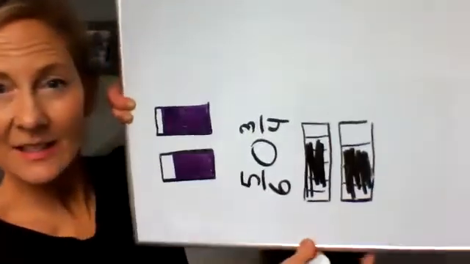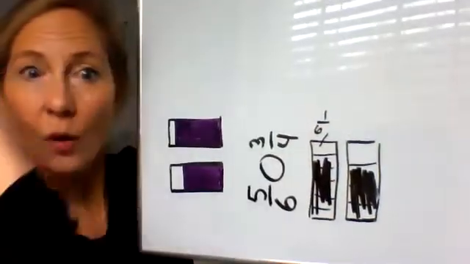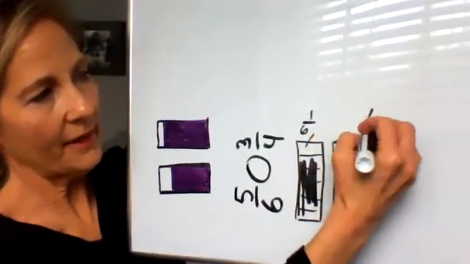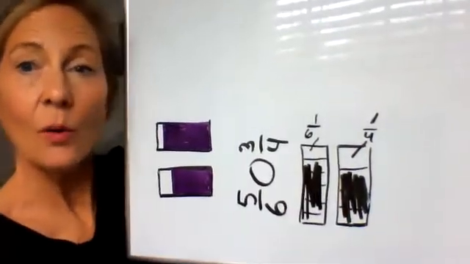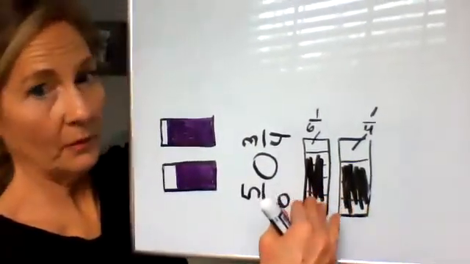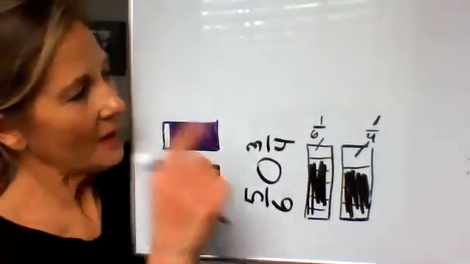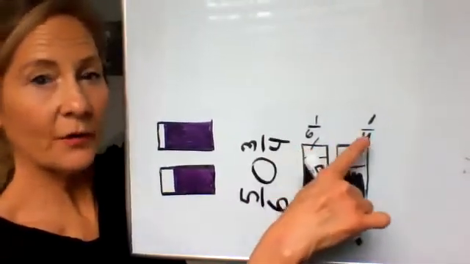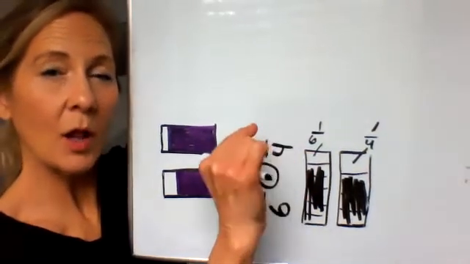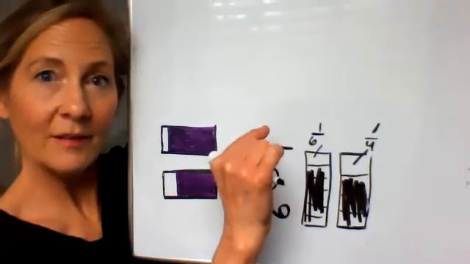So 5/6 just has 1/6 left until you have the whole glass of juice. 3/4 has 1/4 left until you have the whole glass of juice. So which one would be a larger bit of juice? And if we didn't have the model, we could reason that, well, 6ths are smaller than 4ths. So this one, 5/6, has a smaller amount to go before it's all full. Therefore, it's more full.